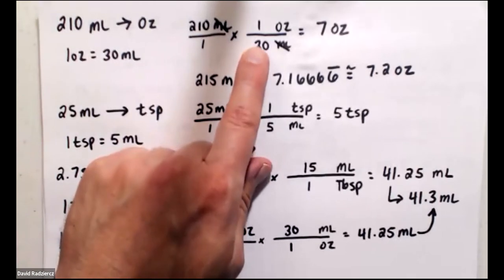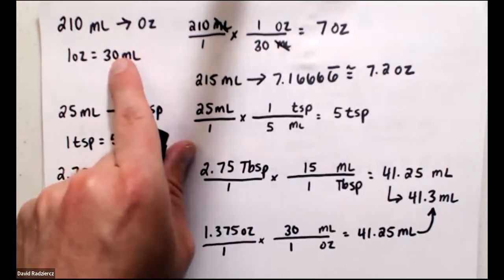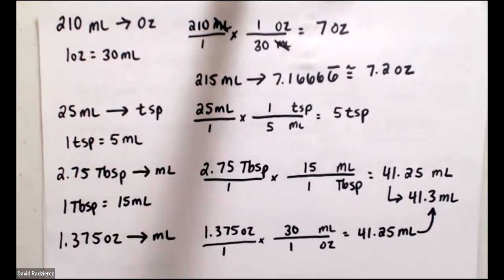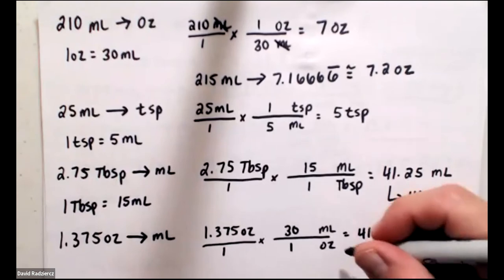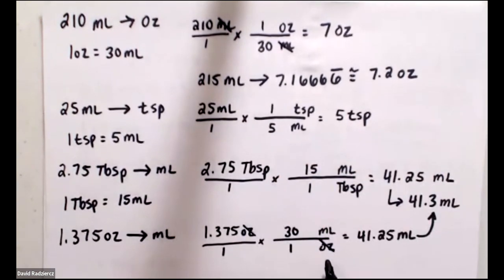I know to put the 30 with the milliliters, and then the 1 with the ounces. It gives me a strategy to make sure I don't goof up and put the numbers in the wrong places. Same thing here. I wanted to get rid of ounces, which is why I knew to put ounces down in the denominator and keep milliliters in the numerator.